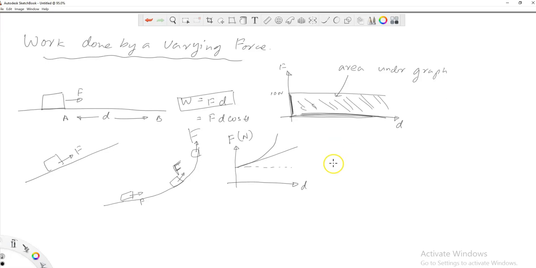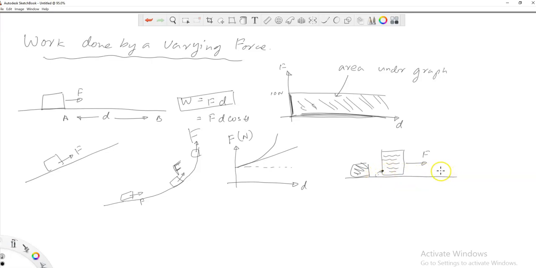Another situation could be, you have a flat surface, you have the object. Let's say this is a container of water, right? And you are pulling it to the side, moving it horizontally, applying a force, but there's a little leak on the side, so the water is coming out.